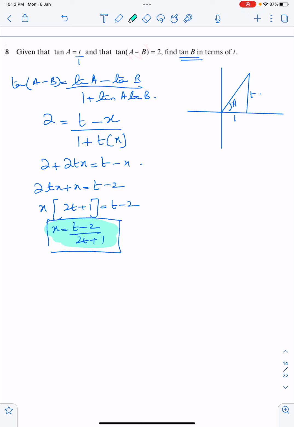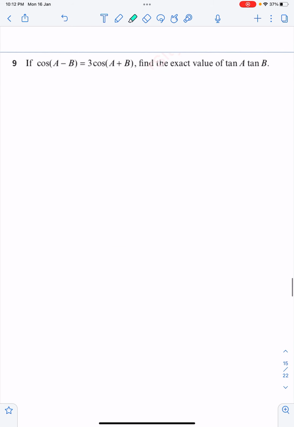Okay, moving on to this question. If cos of A minus B equals this, find the exact value of tan of A tan of B. Let's expand this first.